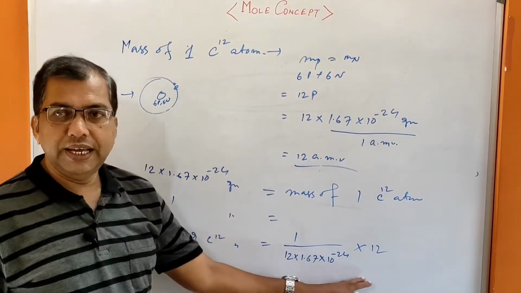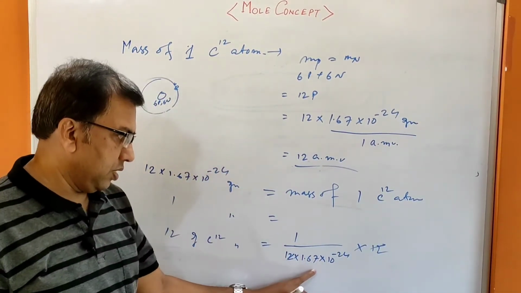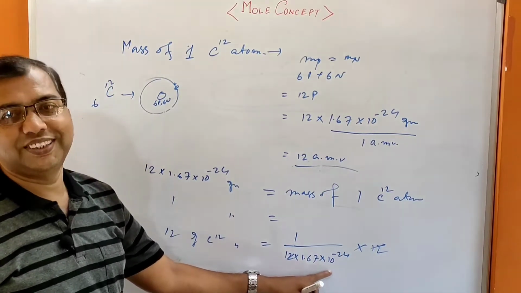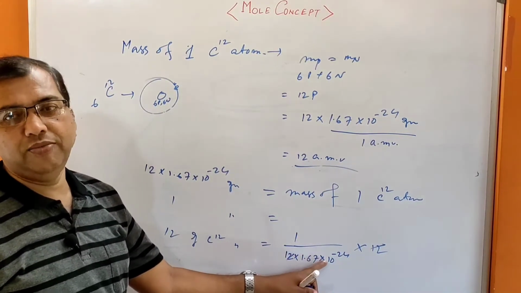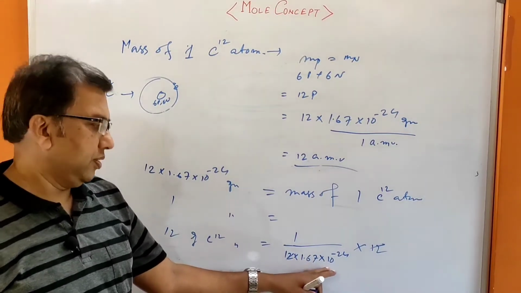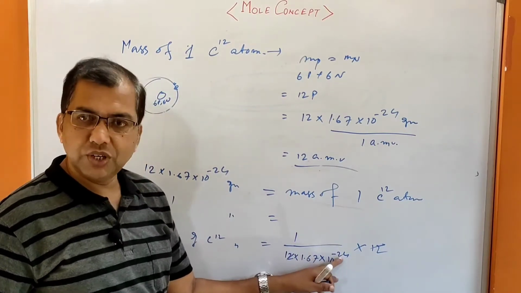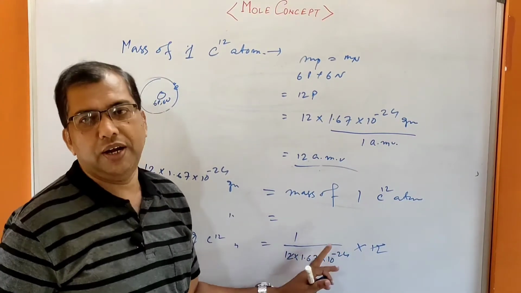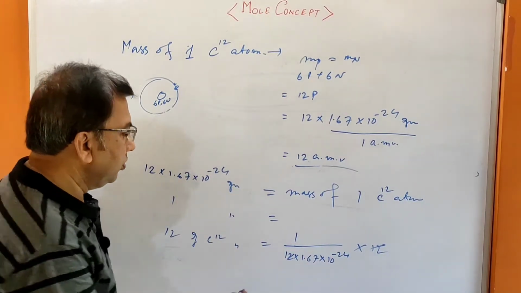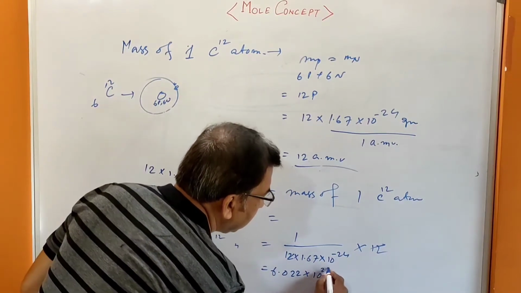Cancel the 12, then 1 by 10 to the 24 goes up, the minus becomes plus, and this value will come as 6.022 into 10 to the power 23.